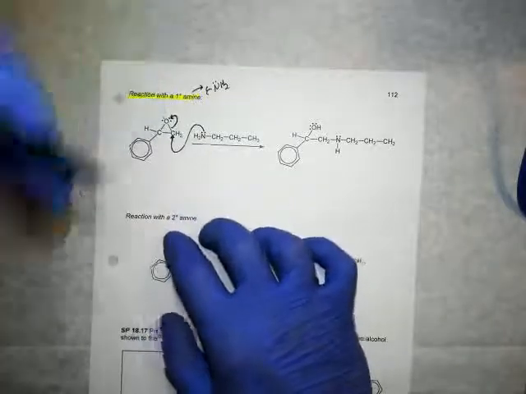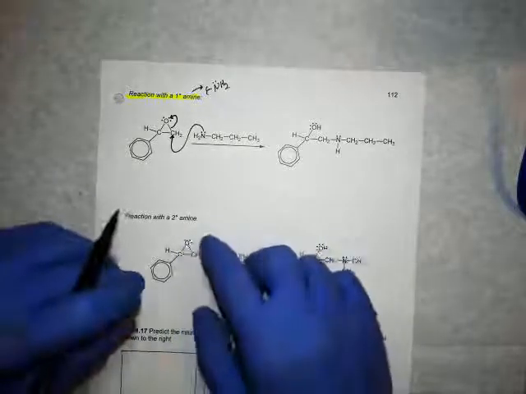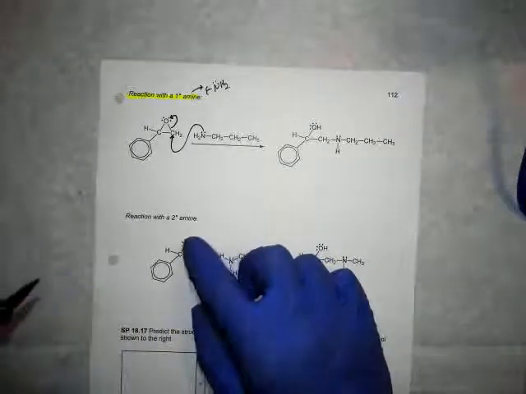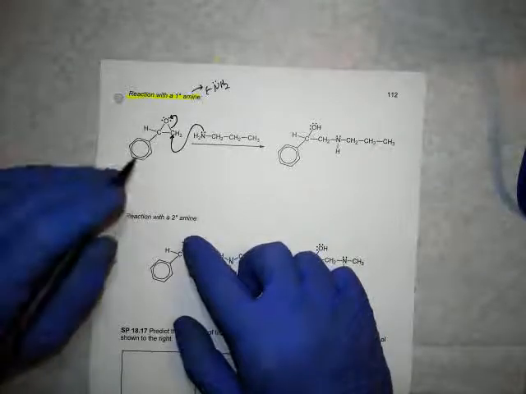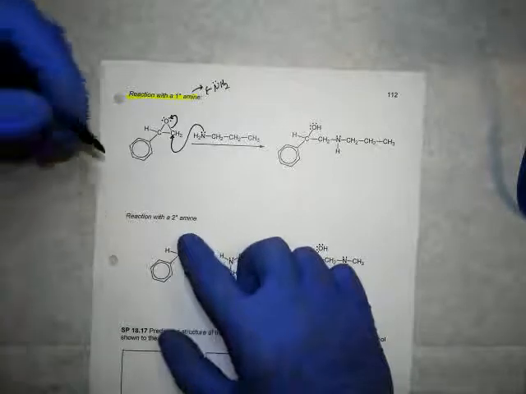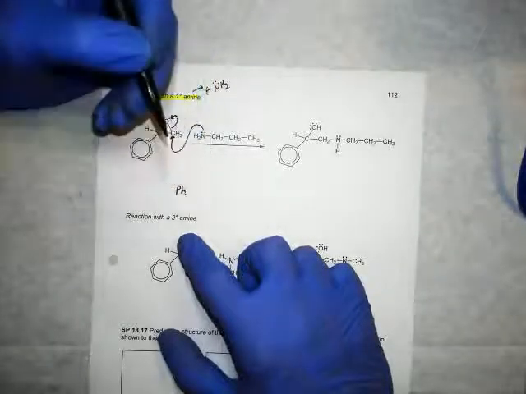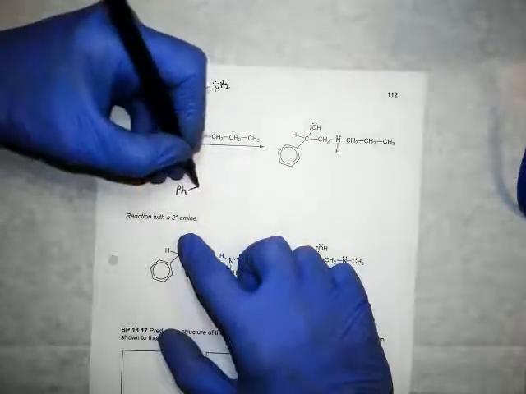We're going to open up the ring, and then let's catch the intermediate just so we can see what other process may be taking place. To make this a little simpler, I'm going to abbreviate the phenyl ring with the letters Ph.